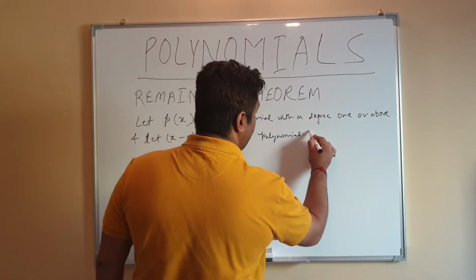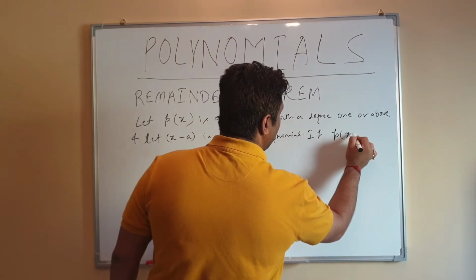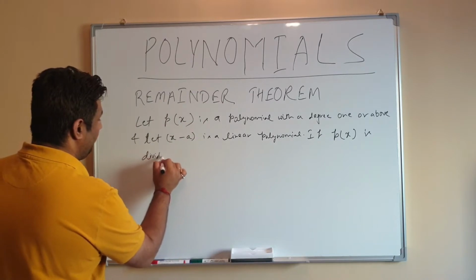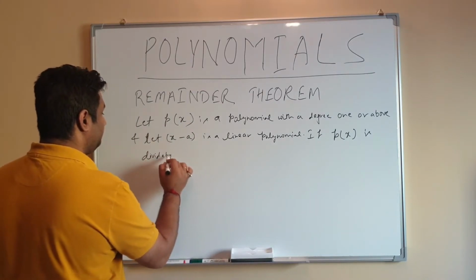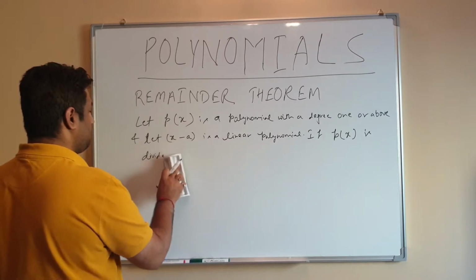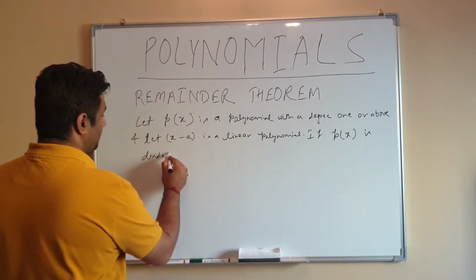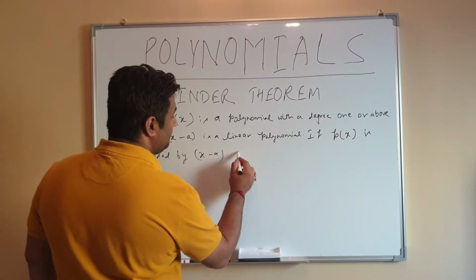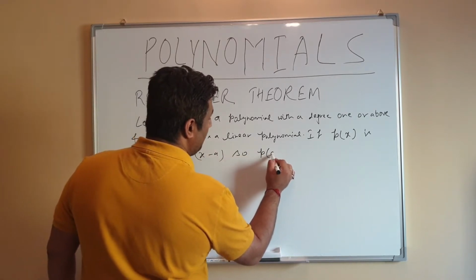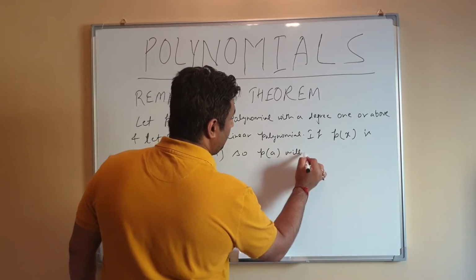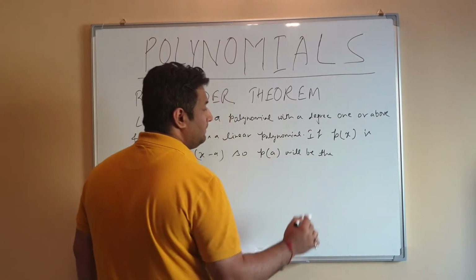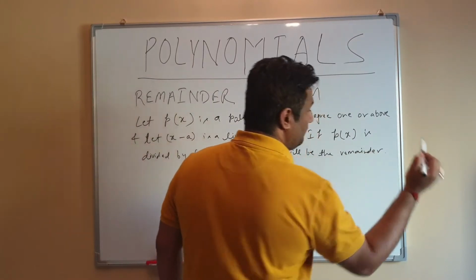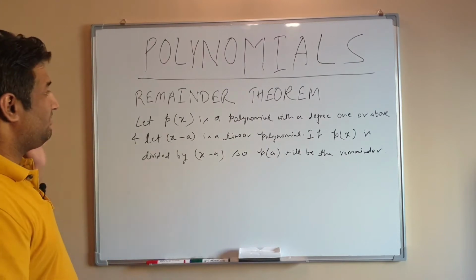Now if P(x) is divided by x minus a, then P(a) will be the remainder, right? So this is what your remainder theorem is.